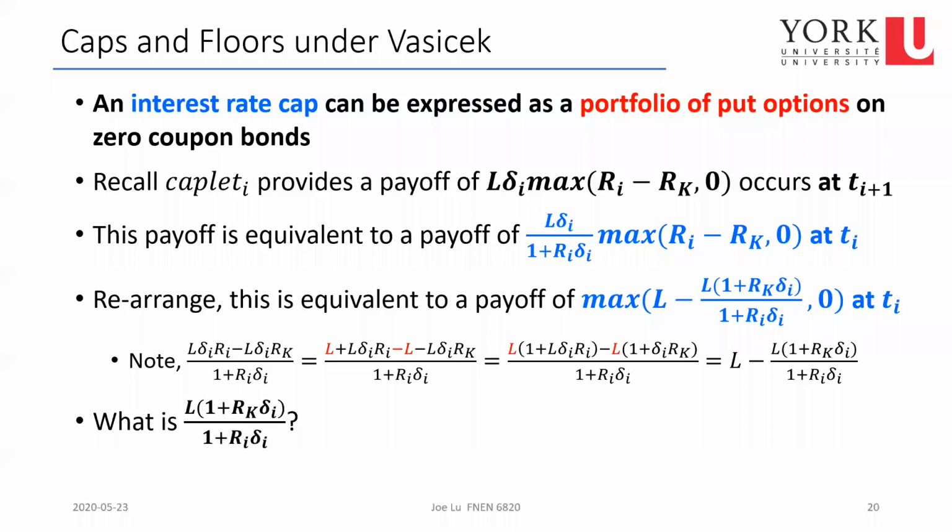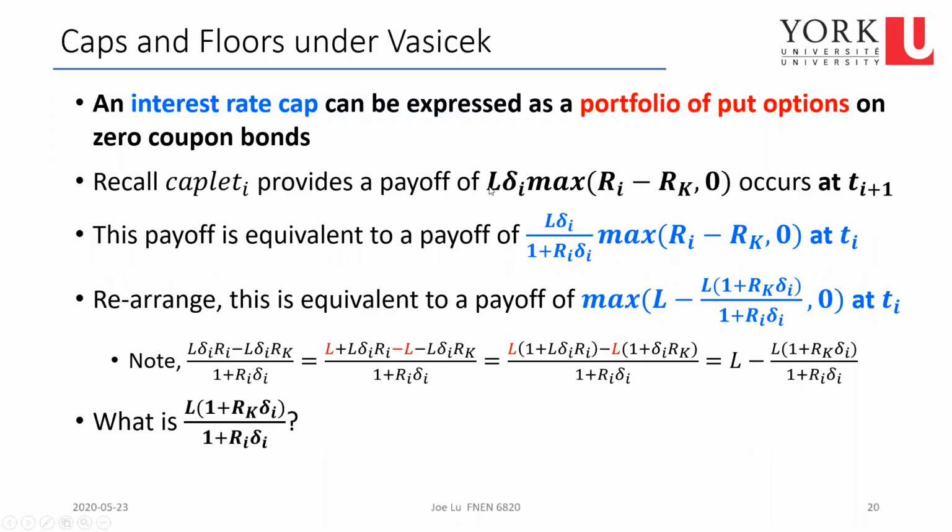So to look at a caplet, first of all, we see that a caplet provides a payoff like this that we have seen before, for a particular period. If we fix the rate at Ti and we get a payment at Ti+1, okay?